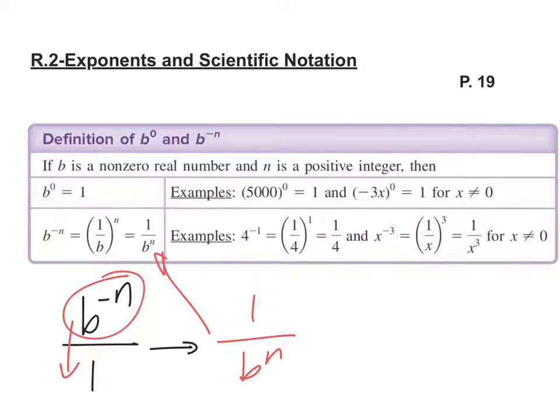The negative power, if you move it across the fraction bar, either direction will change the sign of the power. And this is stuff we covered in Algebra 2. Some of you who did pre-calc last year probably covered this, but you definitely covered this in Algebra 2. Okay? Any questions about any of that?